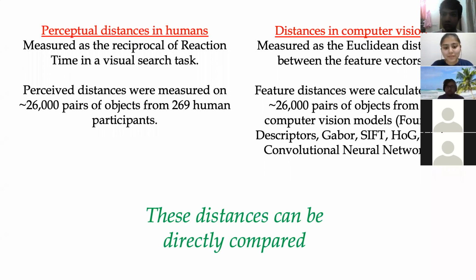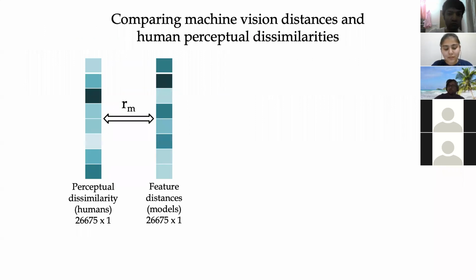It's simple. You take the perceptual dissimilarity vector for all these 26,000 odd object pairs in humans, and you take the same distance vector from any of the computer vision models and just compute a correlation coefficient between the two vectors. That will give you an estimate of how closely these model distances match human perceptual dissimilarity. But that doesn't cut it, because whatever the models are able to explain also depends on how good your estimates of perceptual dissimilarity are, right?